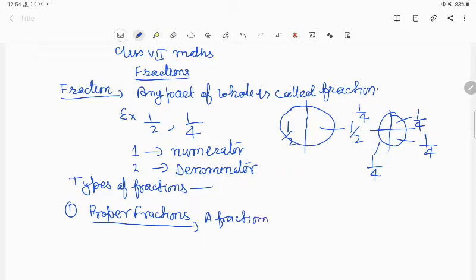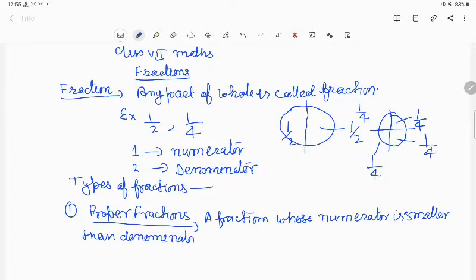A fraction whose numerator is smaller than denominator is called proper fraction.